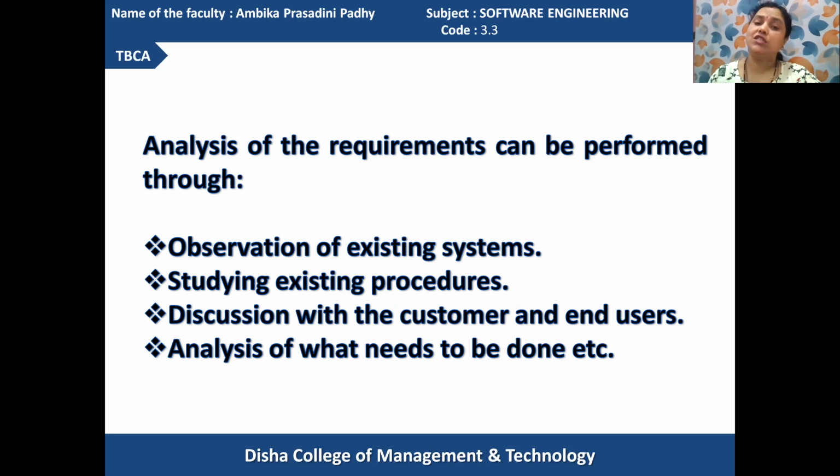If a particular system the user wants is already present and the user wants an upgraded system, then we have to analyze the existing system and the drawbacks of the system so that we can reach a real system that is beneficial for the customer. By observing the existing system, we can know what is to be developed by the developer.